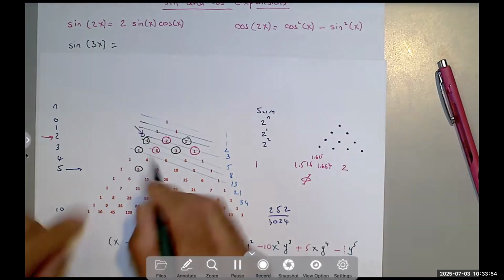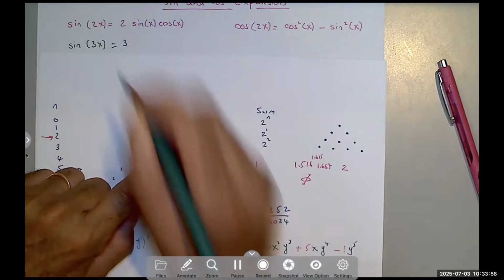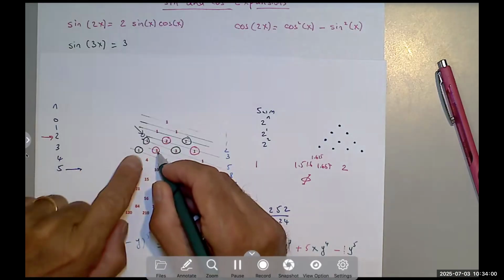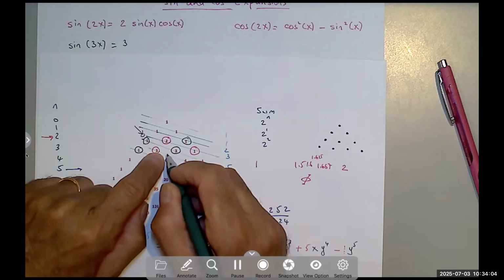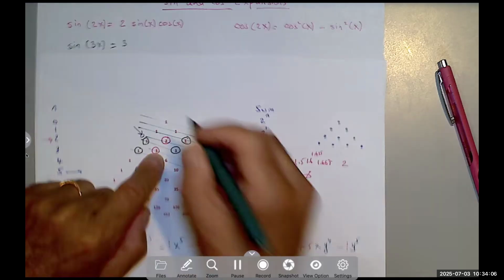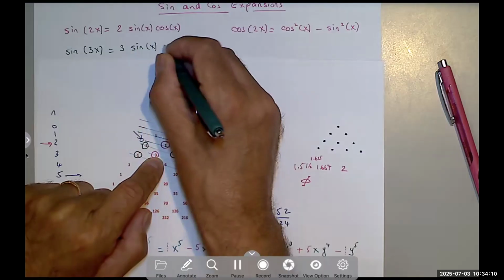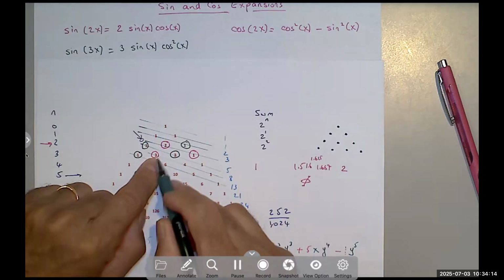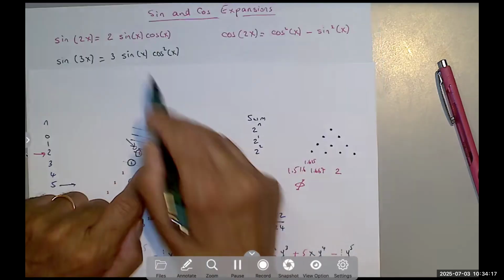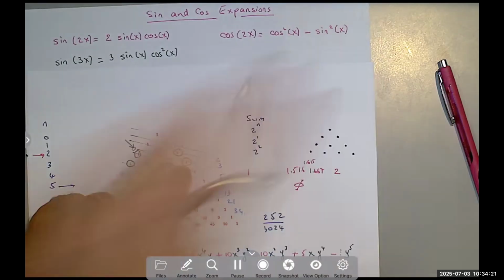So the first entry I see is 3. So I write 3. Notice, this was cosine cube, so this is cosine square sine x. So I can write it as sine x cosine square x. Then I'm going to jump 2. First of all, I see a 1, and you always alternate the sign.